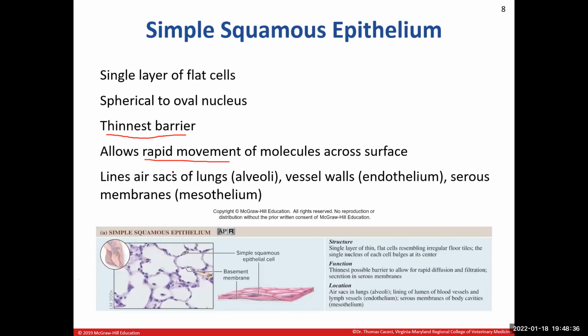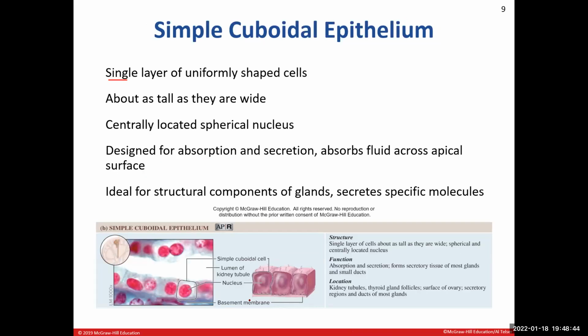Whereas with our squamous epithelium, you saw that its nucleus was flattened, much like the shape of the cell itself. So when we're dealing with cuboidal epithelium, its nucleus is in the middle, but it is going to be of a spherical shape.